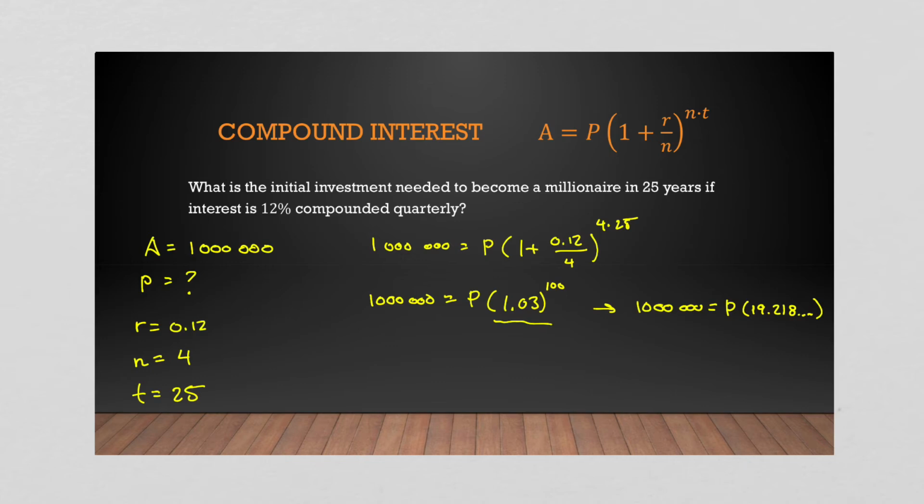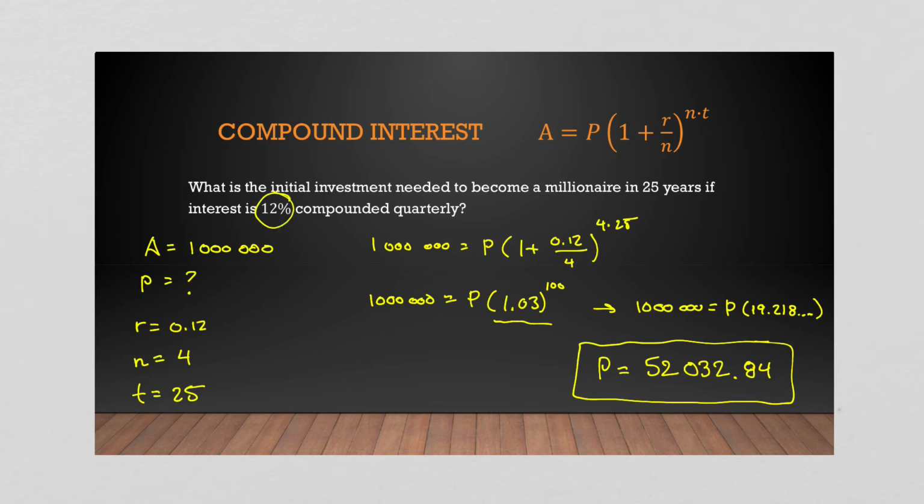So 1 million divided by that is P equals $52,032.84. So if for some reason you manage to come across $52,000 that you are willing or able to invest for 25 years at a 12% interest rate, which is high, you'll have $1 million.